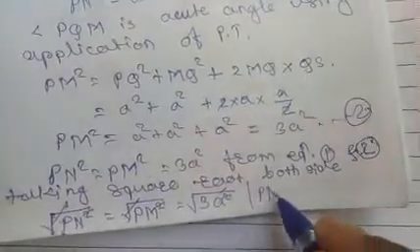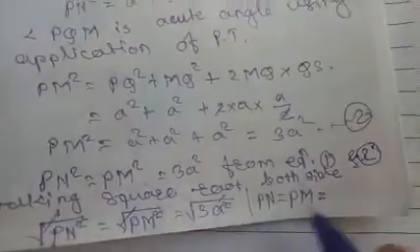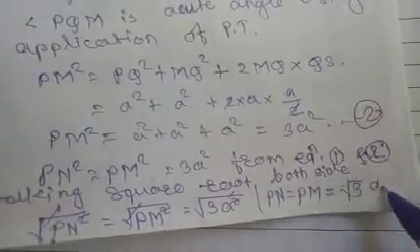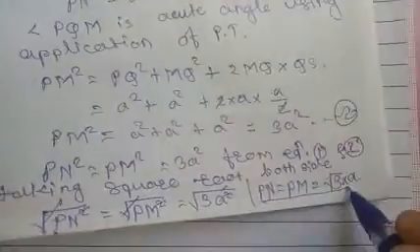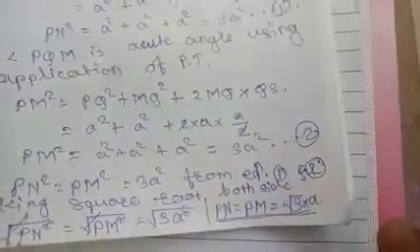So PM is equal to 3 under root as it is, and A square and square root get cancelled, then A is in multiply. So it is a proof. Like this we have proved example number 8. If you want to take a screenshot, you can take.